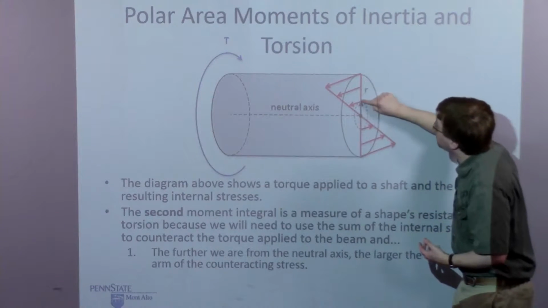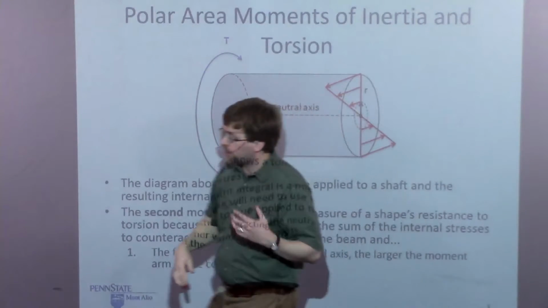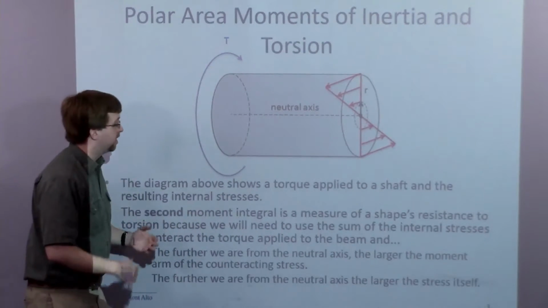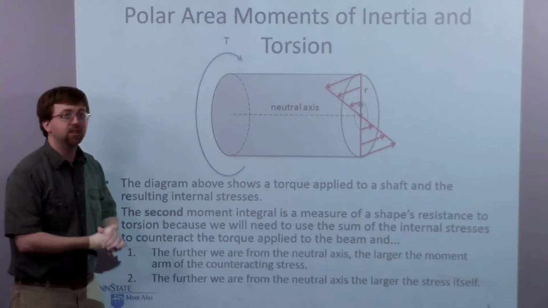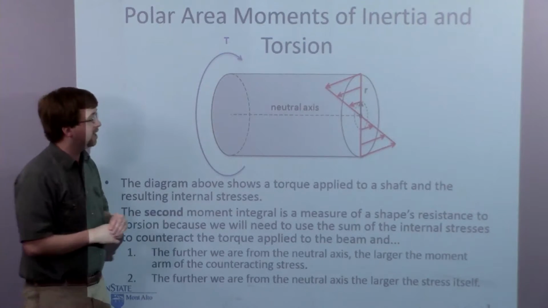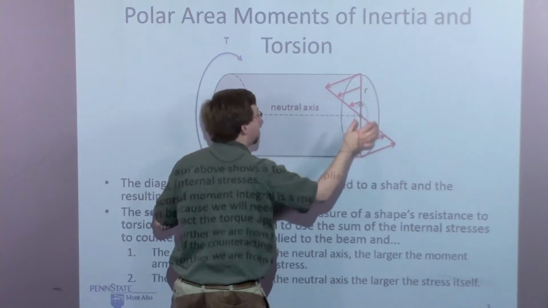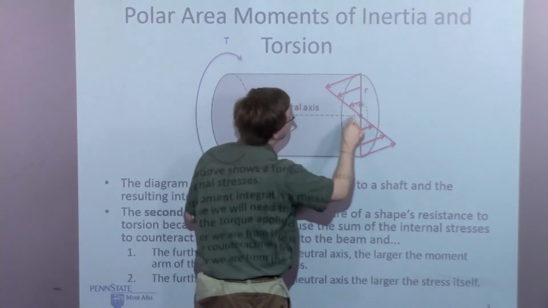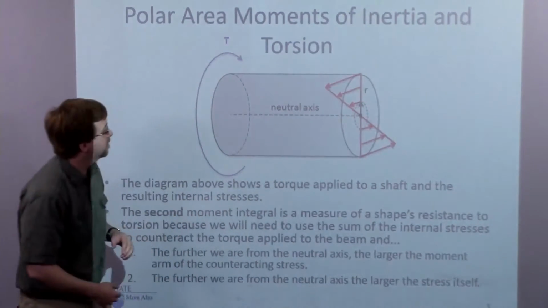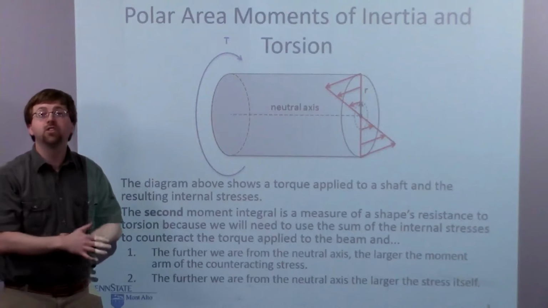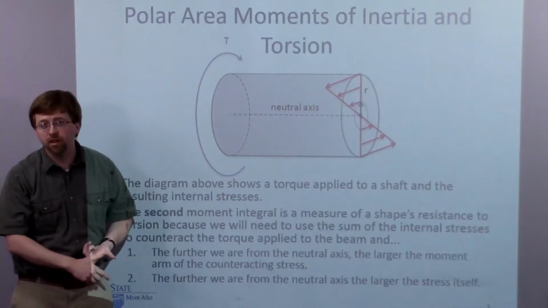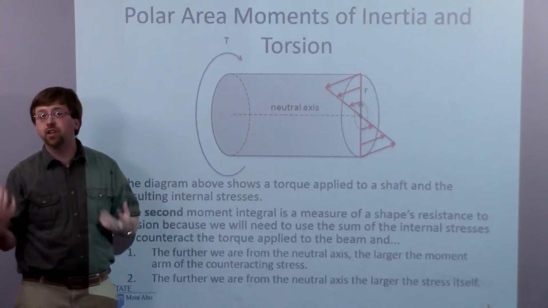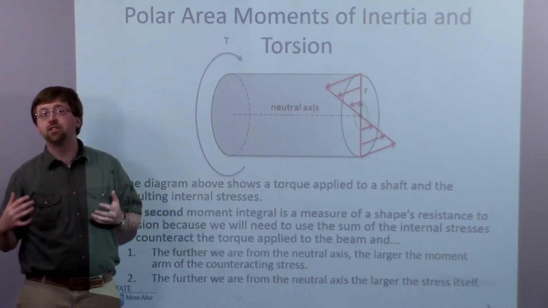As I move up, distance increases, but you can also notice on the diagram that the force also increases linearly with that separation. I've got this drawing here going up or down, but it's going to be the same process if I go left or right. So force increases with distance, distance increases with distance, and so resistance to bending increases with distance squared.